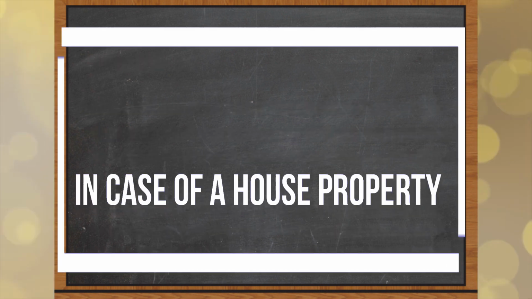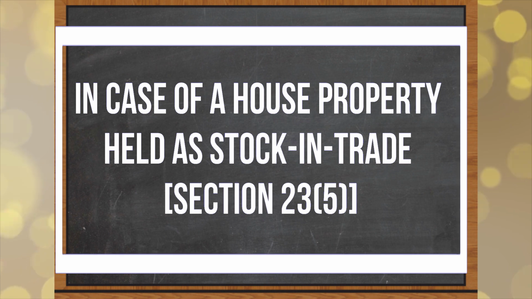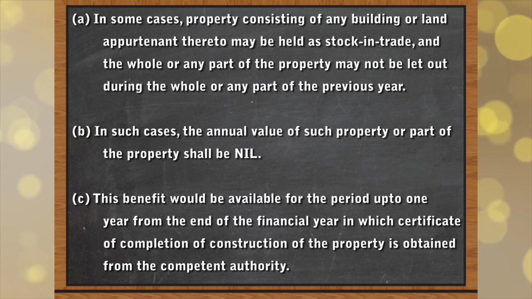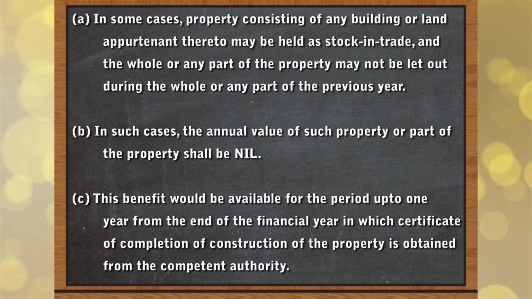In case of a house property which is held as stock in trade, section 23 subsection 5 deals with this, that in some cases property consisting of any building or land appurtenant thereto may be held as stock in trade, and the whole or any part of the property may not be let out during the whole or any part of the previous year.